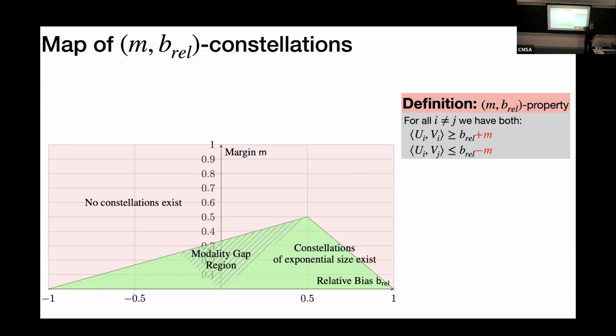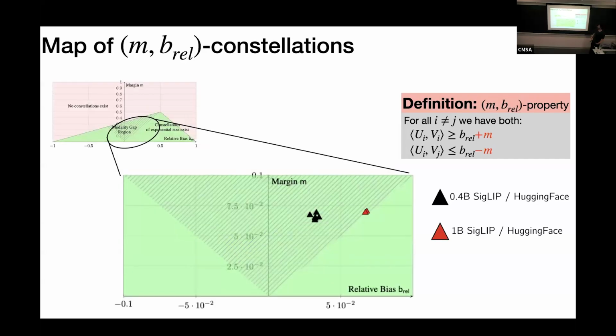Remember, this was B over T. And here's the margin, M. In this region, where the margin is not too big, in this green region, there are constellations of exponential size in the dimension. Here, no constellations of a growing number of points exist. It's a stark gap; there's a very strong separation between these two regions. So that's maybe a first part of this diagram.